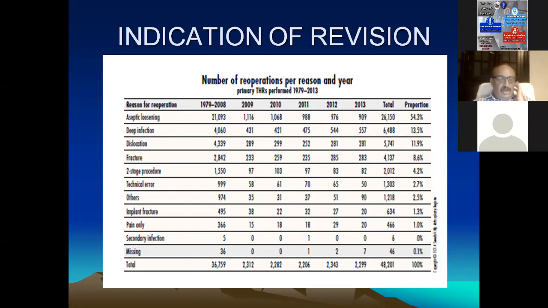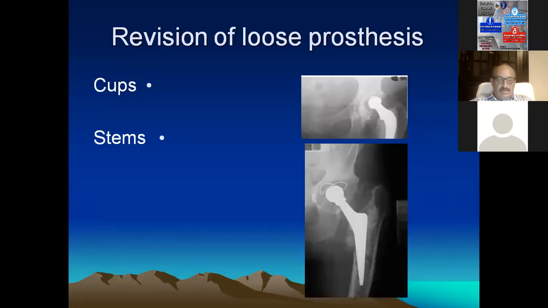So in our country, I think infection is the main leading cause for revision, but aseptic loosening is still one of the very common reasons for revision. Dislocation also is a very dramatic reason for revision, and I will leave the periprosthetic fractures for Professor Wael Samir to give us an idea about it.